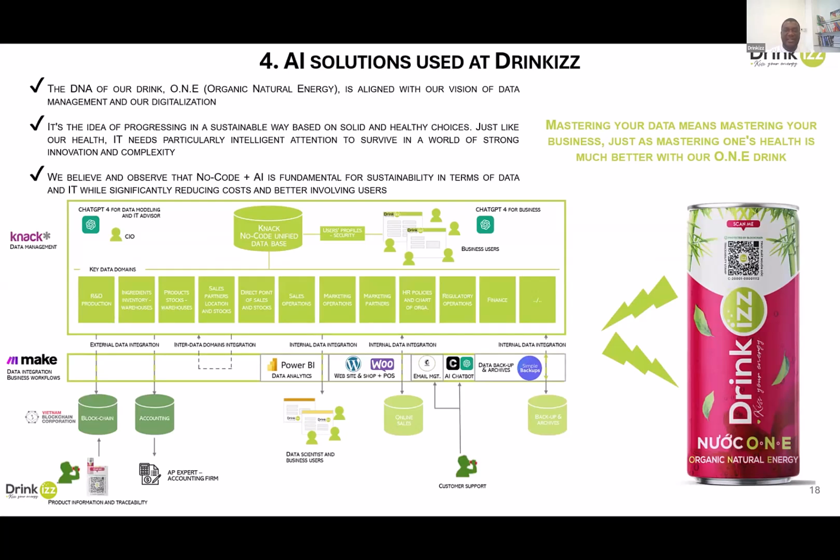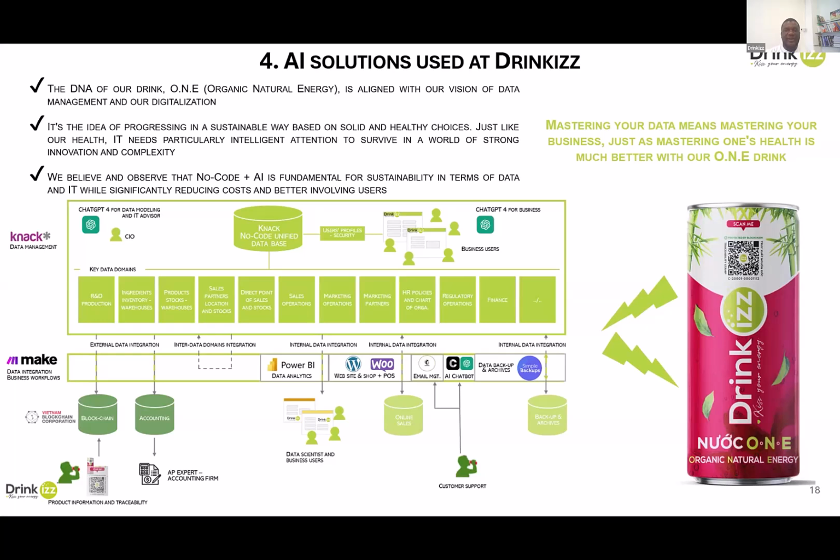Mastering your data means mastering your business. The right way to master your data is from the right choice of your tools and digital strategy. At Drinkizz, we use many no-code and AI solutions, as you can see from this slide, to improve and automate our operations.